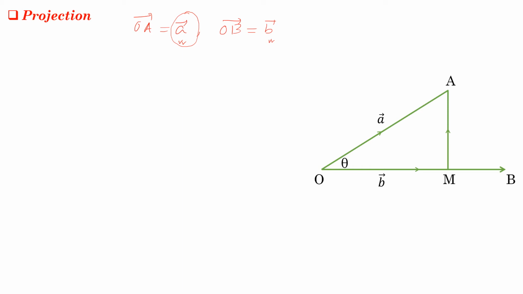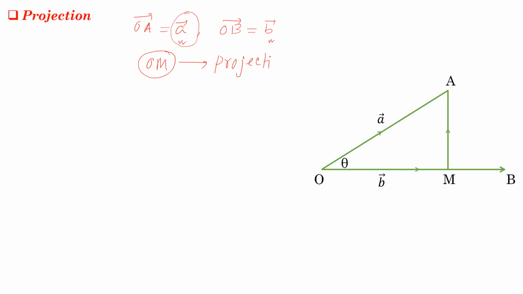You have to draw a perpendicular on the second vector, that is on B bar, as in the figure. Since I am taking the projection of A bar, you draw a perpendicular from the head of A bar on the vector B bar, that is AM. You see the figure, AM is a perpendicular drawn on the second vector B bar. Then the length OM is called the projection. This length OM, not the vector OM, is called the projection.